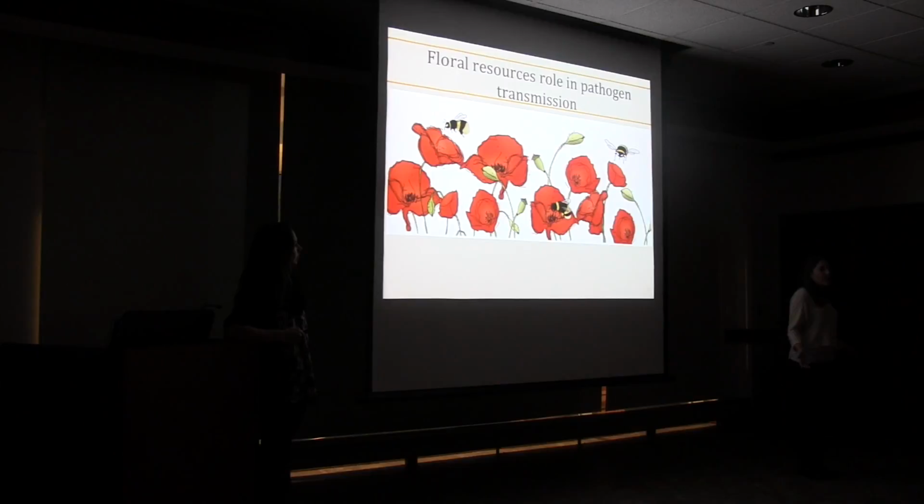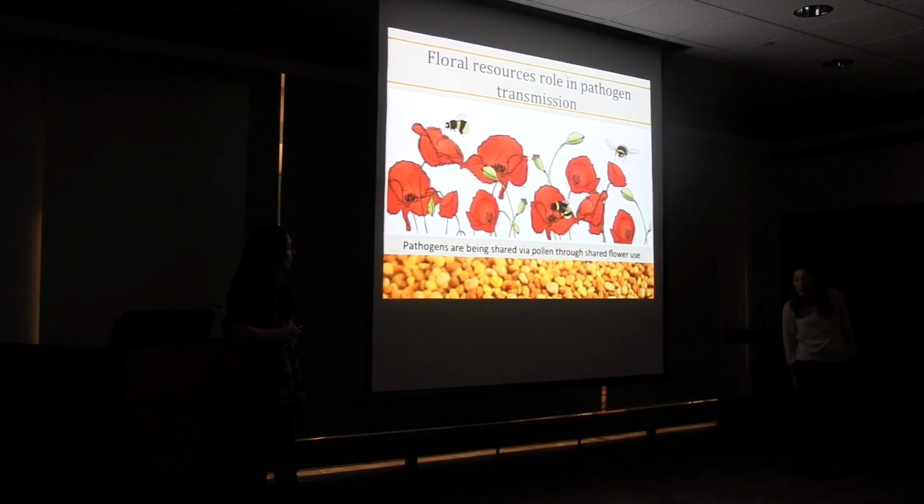So how are bees picking up these diseases though? Floral resources, as Erin talked about, are a great source of nutrition, and bees need floral resources to feed on. Floral resources are also a place where bees can pick up different pathogens. When bees are visiting these flowers, they actually are depositing either spores or feces on these flowers, and then the next bee that comes to visit can pick up this pathogen.